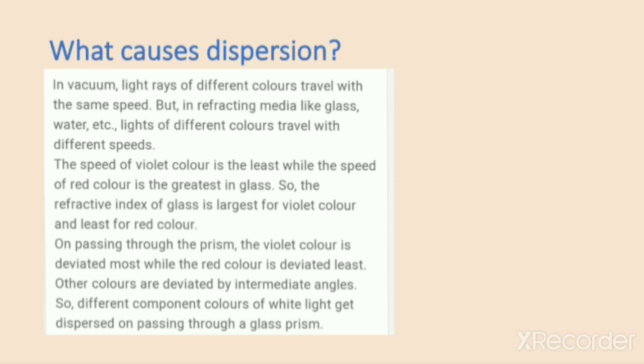Remember that red has the maximum wavelength, and because of that its speed is also highest, and violet has the minimum wavelength, so its speed is lowest. They have an inverse relation with the refractive index. So violet has more refractive index in comparison to red. Because of that, red deviates the least and violet deviates the most, and the colors in between depend on their wavelength. Clear? So this is the cause of dispersion.